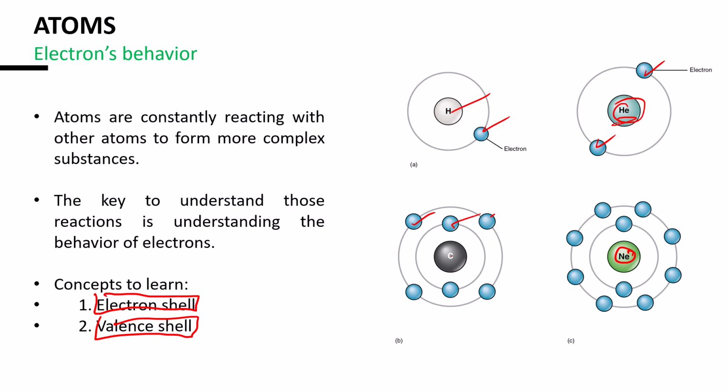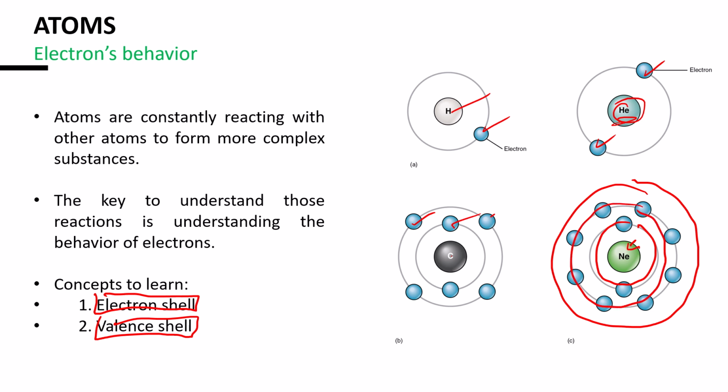Now, if you pay attention closely to each one, and especially this is more evident, or you can see that better when you have an atom that has more electrons, notice that some electrons are closer to the nucleus, and there are other electrons that are more far away, right? They are farther away from the nucleus.